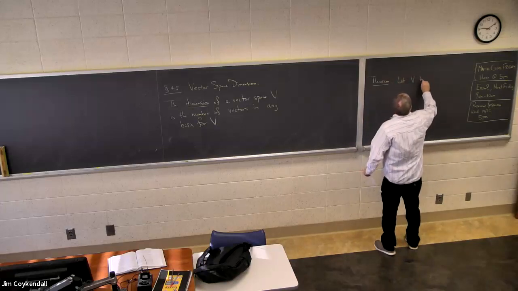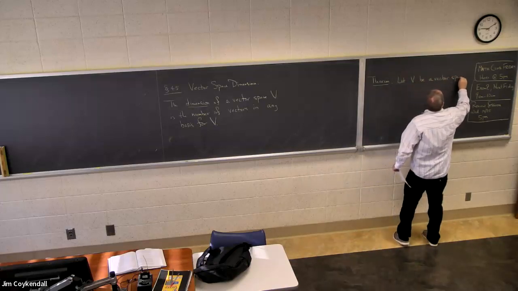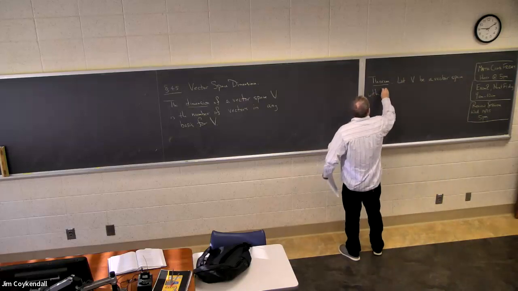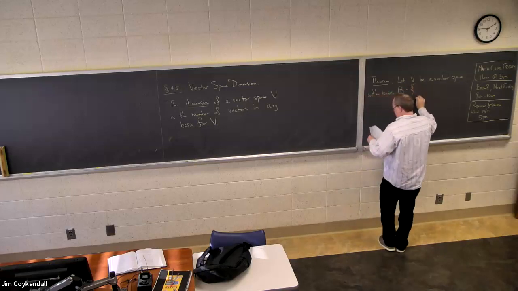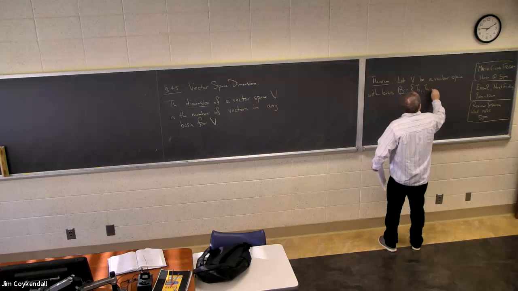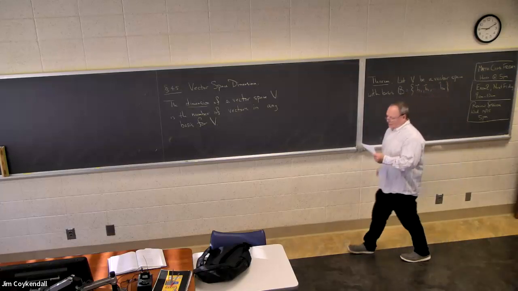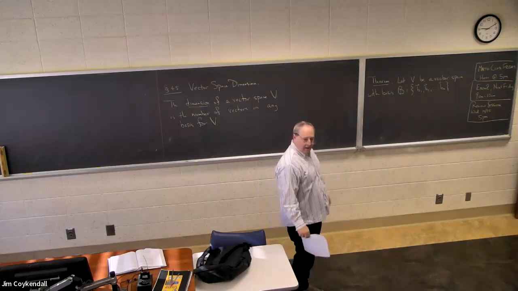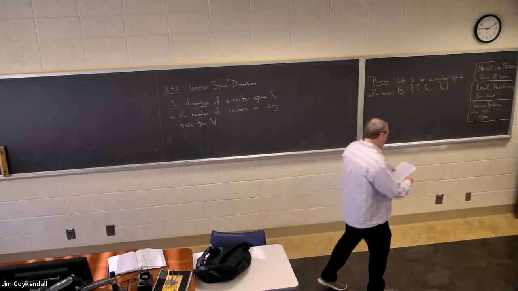Let V be a vector space with basis V1 up to Vn. Of course, this means this is an n-dimensional vector space.